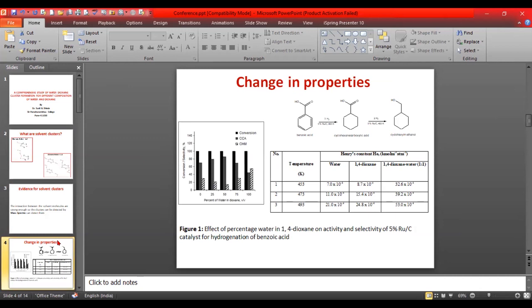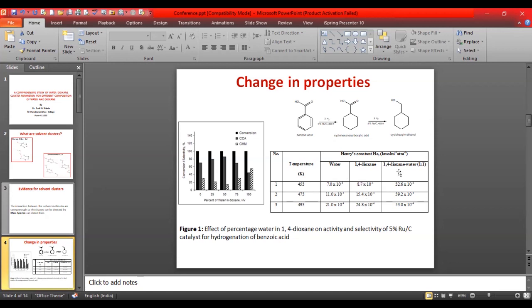We found that when the volume of water is 50 ml and the volume of dioxane is 50 ml, that is 1:1, we get the highest selectivity and better activity for the catalyst. Another thing we found is higher solubility for hydrogen gas. You can see here the solubility of hydrogen in water, and in 1,4-dioxane the solubility of hydrogen is lesser.